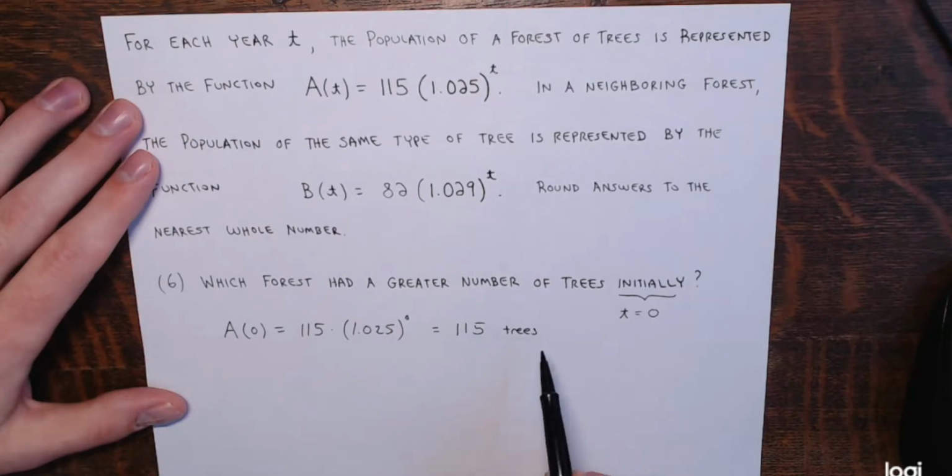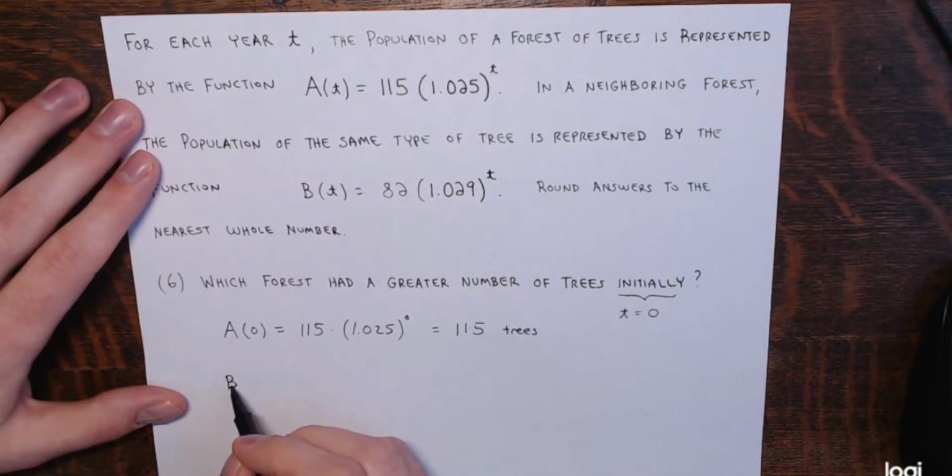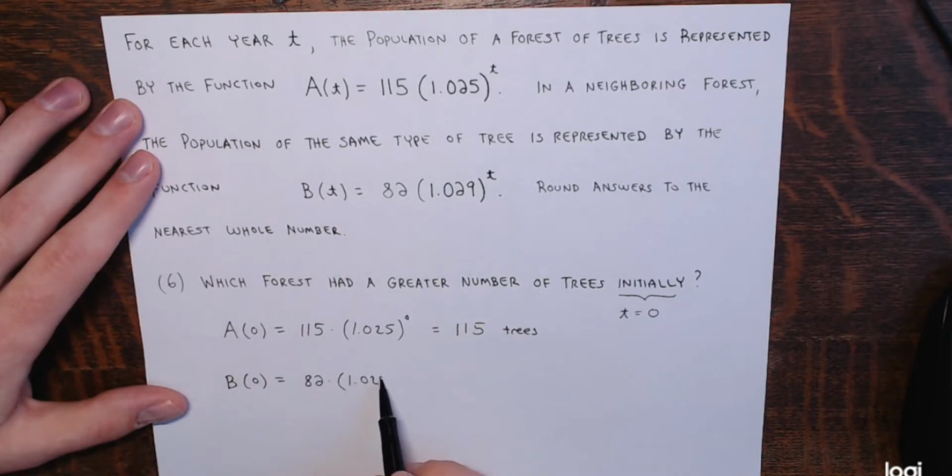Right, so forest A has 115 trees initially, and forest B, this neighboring forest, has 82. You'll see, B of 0 is 82 times 1.029 to the 0, and again, a non-zero base to the 0 power is 1.